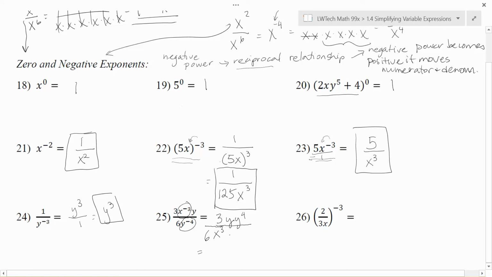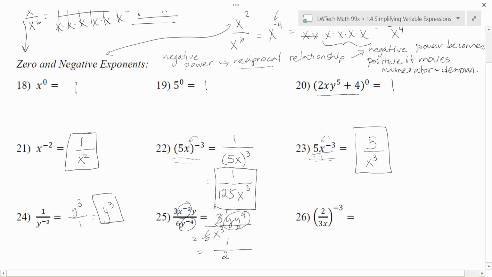Now, anytime that we have a fraction of any type, we do want to see if we can reduce anything. The 3 and the 6 out in front are just regular fractions, and we can divide the numerator and the denominator by 3. That'll give me 1 on top and 2 on the bottom, and so I end up with that 1/2 there. Now, I also want to only have one of each variable. If there's any way I can put things together, I want to do that. On the top here, I have a y times y to the 4th.